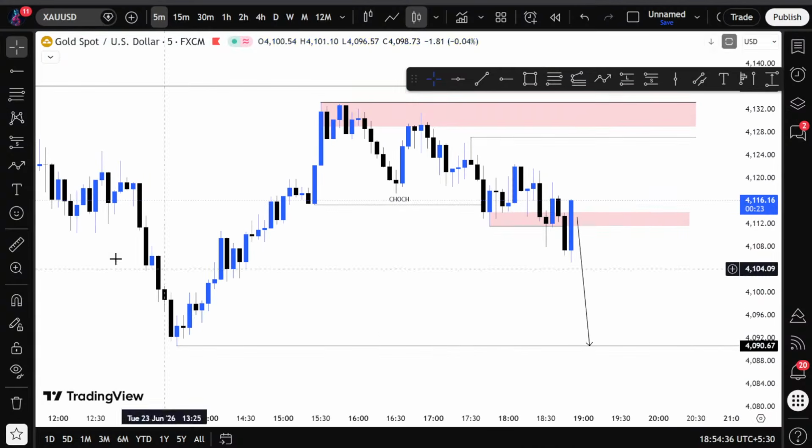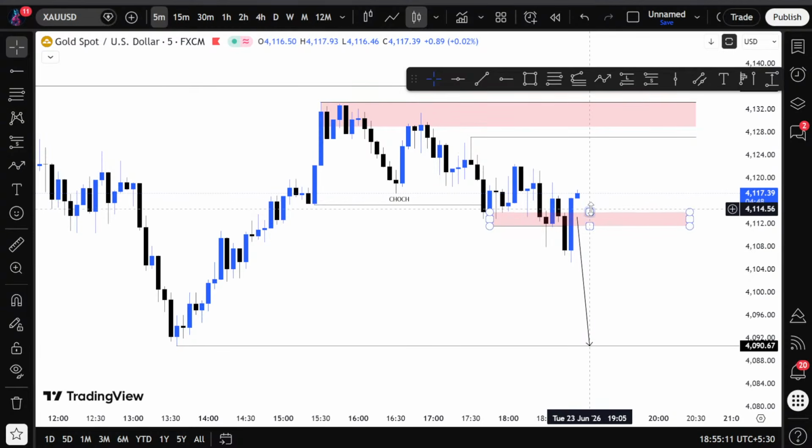Is there any news in the market? Price closed above, so you cannot short here.